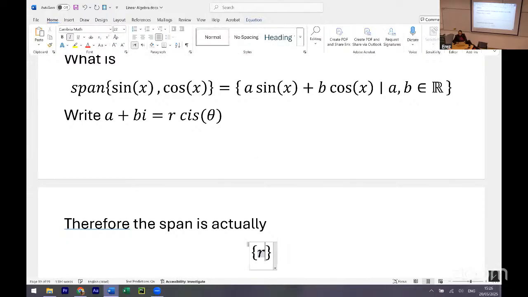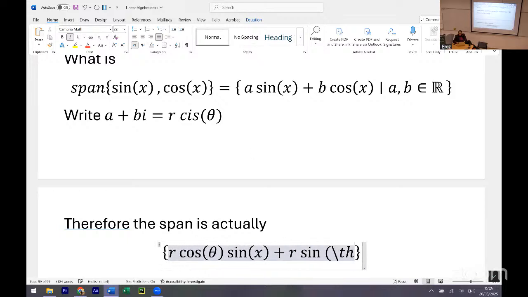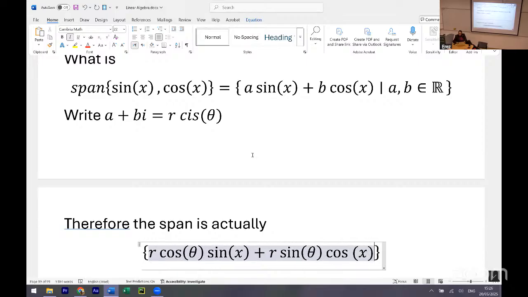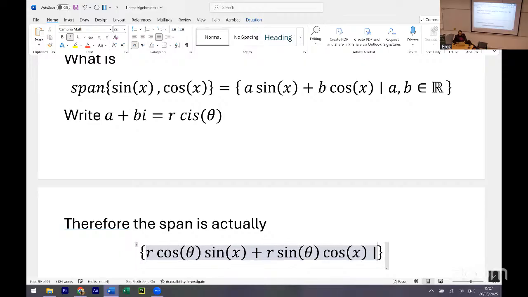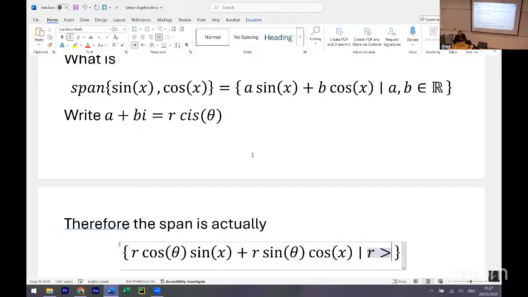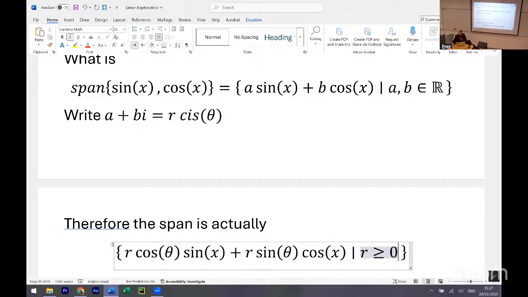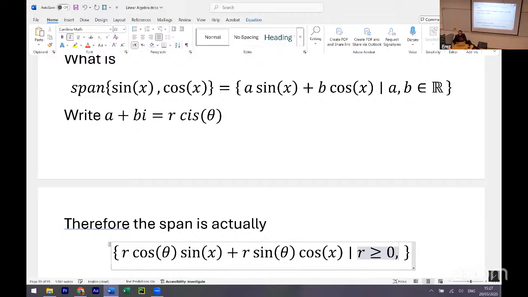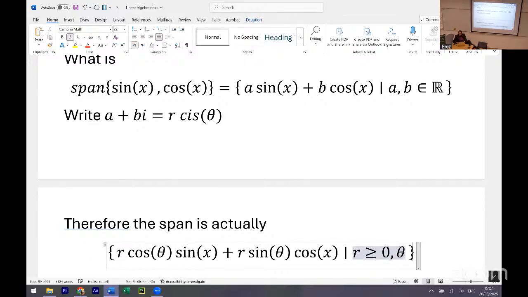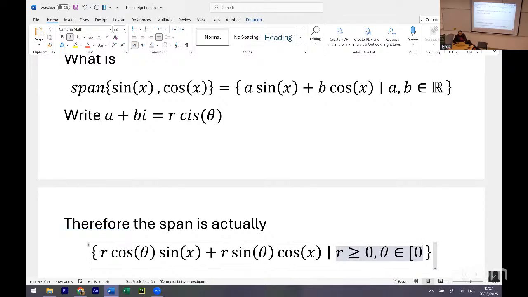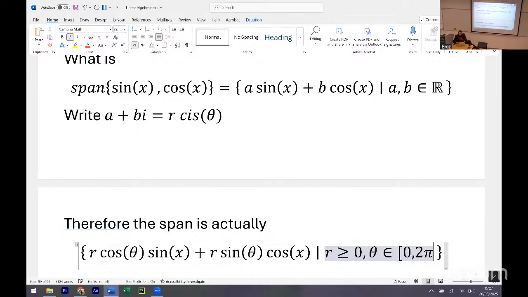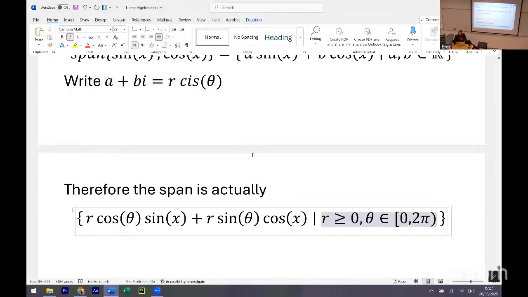Instead of a, I write r cos theta times sine of x plus r sin theta times cosine of x, such that r is some non-negative number and theta is some angle between 0 and 2 pi. Agreed?